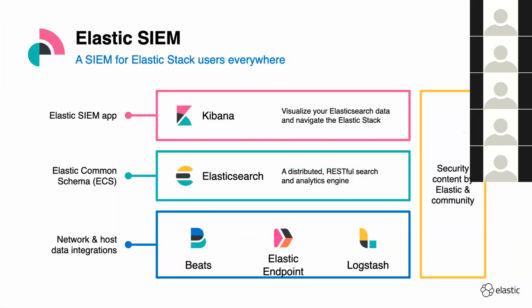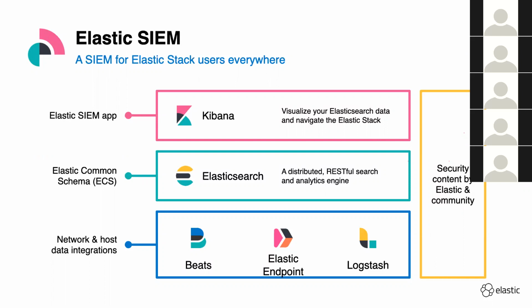Elastic SIEM starts with the capabilities of the Elastic Stack that you already know, as I showed before. Add our next set of integrations for security data sources. We saw before only Beats and Logstash, but we also have Elastic Endpoint, which has also joined the layer from which we collect our data.